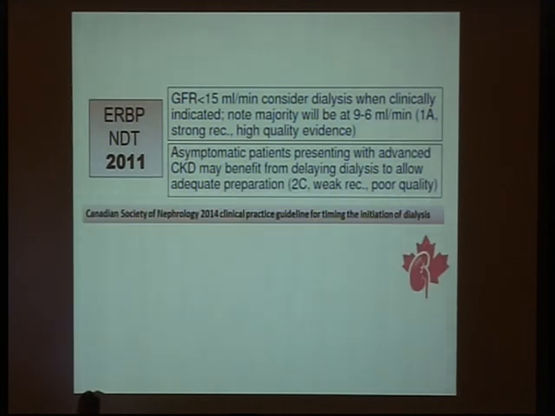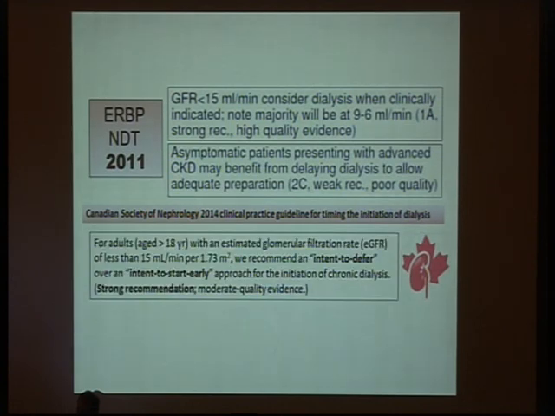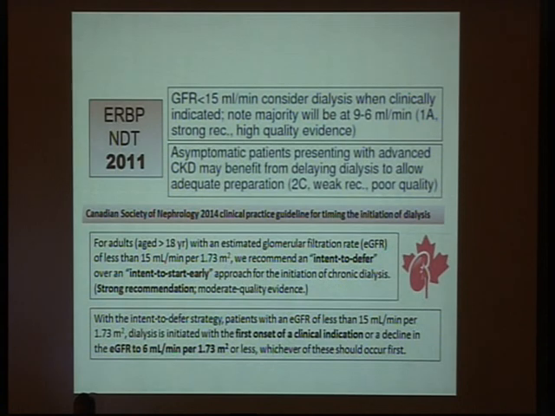The Canadian Society of Nephrology 2014 Clinical Practice Guidelines had recommended an intent to defer over an intent to start early approach. An intent to defer here means that we will start either with first onset of clinical indication or estimated GFR 6 milliliters per minute, whichever occurs first.